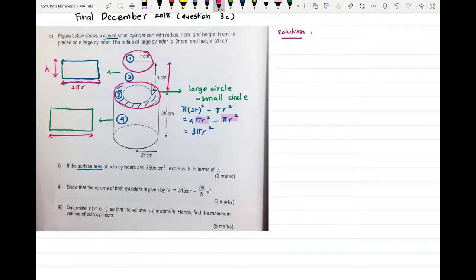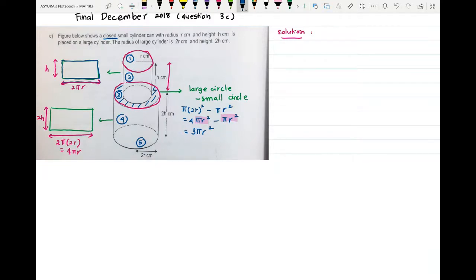So the perimeter will be 2 pi r, so 2 pi, and the r is 2r, meaning here will be 4 pi r, and then the height will be 2h. And lastly we have the bottom, the circle. So we have 5 things that you need to calculate.